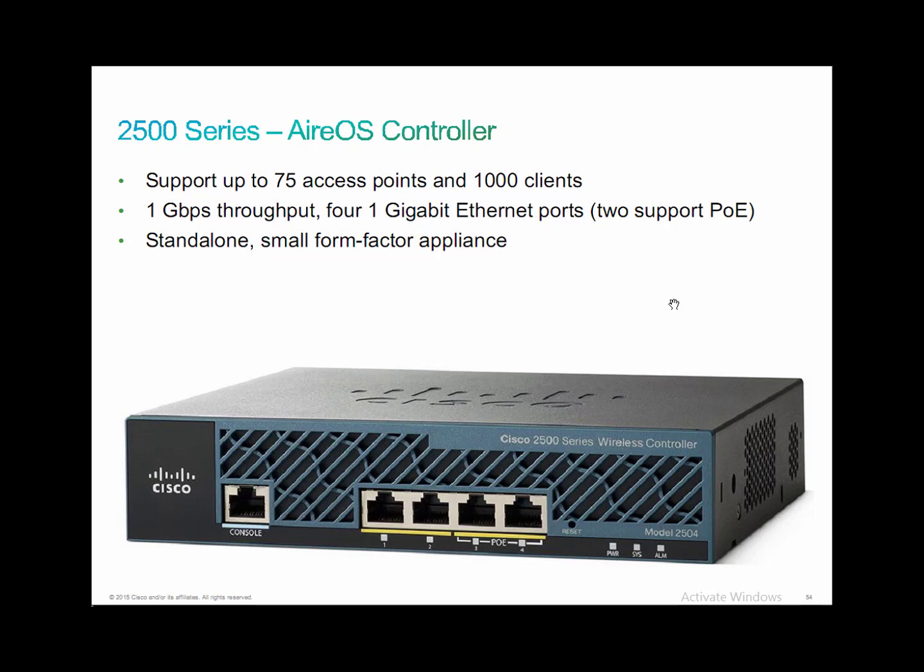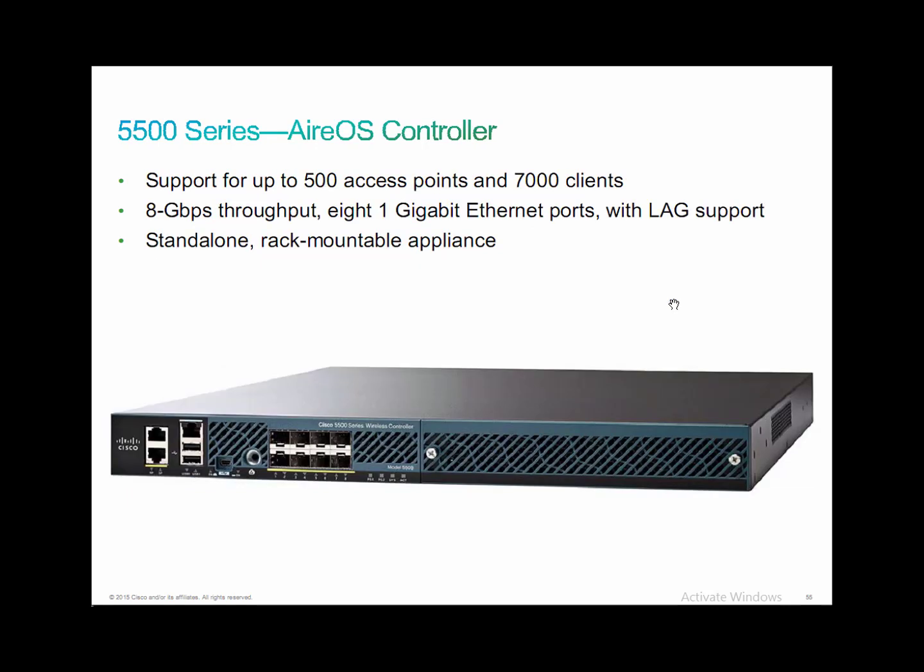I am guessing, although I'm not 100% sure, that this is probably the controller, or a variation of this particular one, that you might be running in your enterprise. The 5500 series controller, up to 500 access points, up to 7,000 clients, 8 uplinks if you're looking at the 5508. They're gig. Because they're SFP plus ports, they can either be copper or fiber.